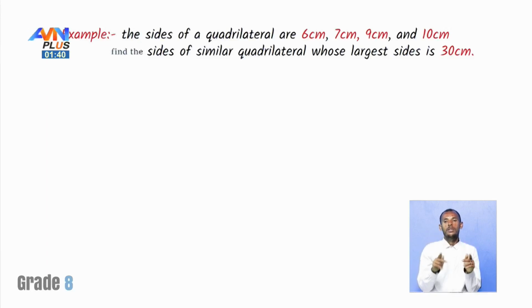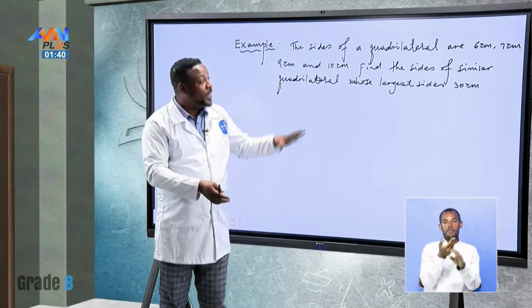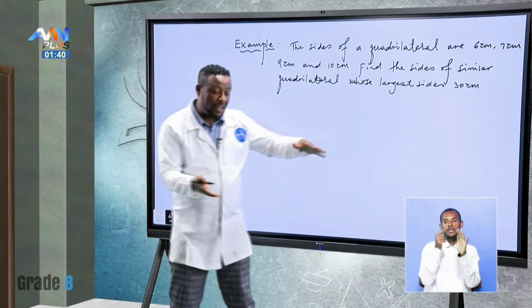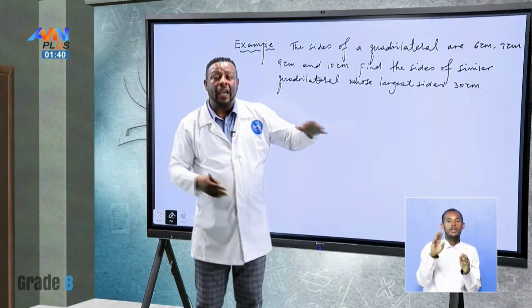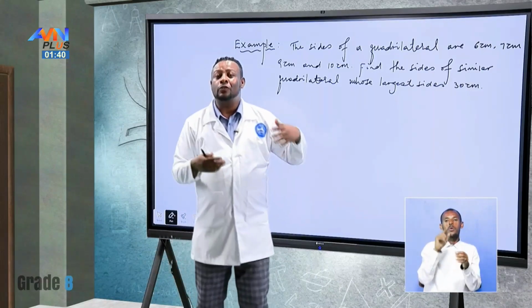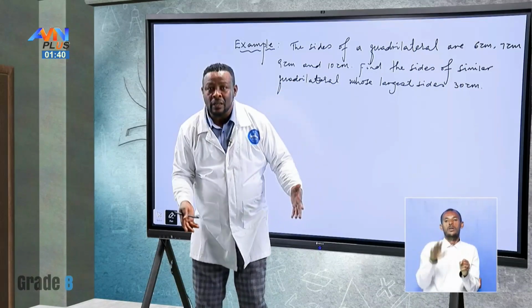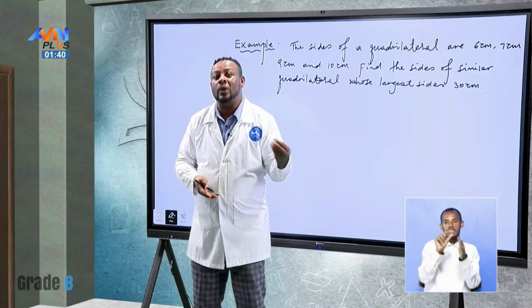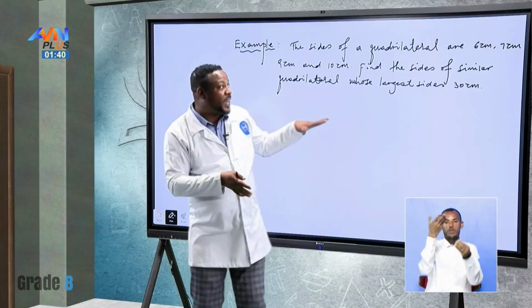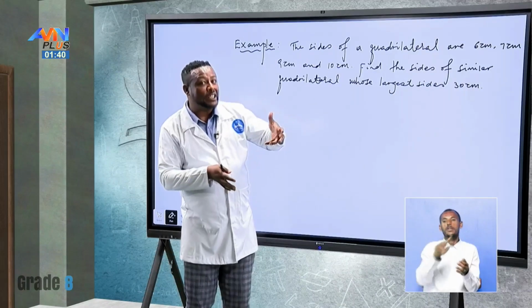Just to remind you what we did in the previous example. In the previous example, a certain quadrilateral was given, and you were asked to find the sides of the unknown quadrilateral whose smallest side was given. In this case, the question is a little bit changed.